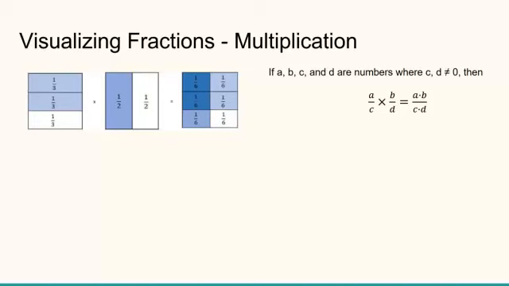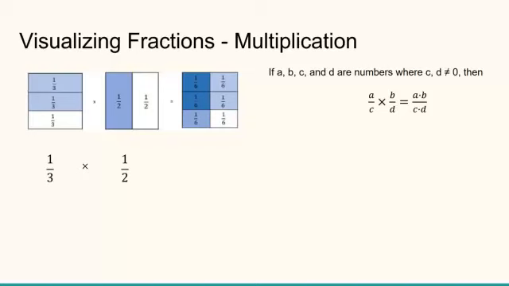So in my picture here, I have a square. It's divided into thirds, and I'm going to be looking at the white sections here, so the parts that aren't shaded. So I have 1/3, and I'm going to multiply it by 1/2. So I have one block, it's divided into thirds, and then I have another block, it's divided into halves.